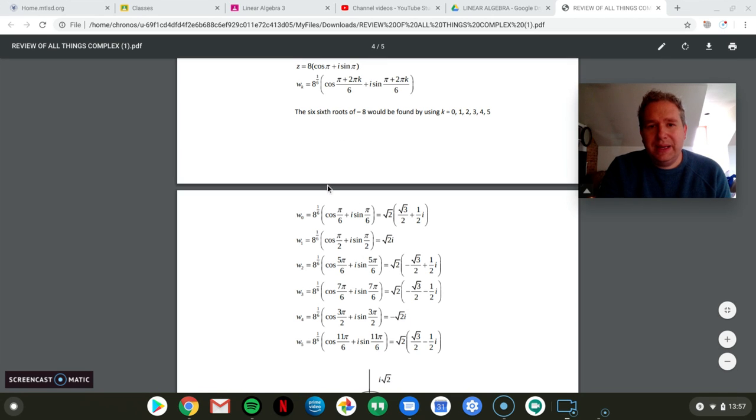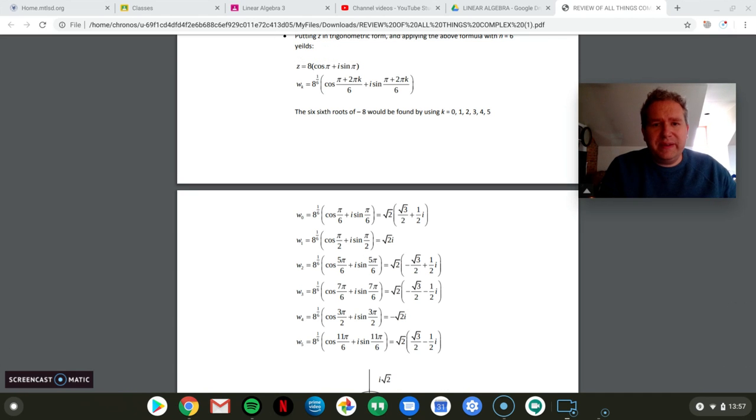For the next one, it's pi plus 2 pi times 1 over 6. So pi plus 2 pi is 3 pi, and 3 pi over 6 reduces to pi over 2.